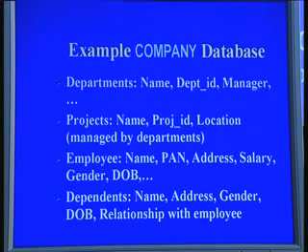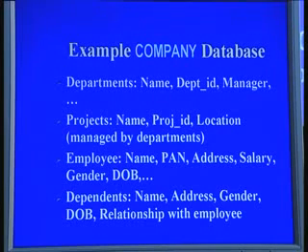Okay, so what this says is that all these names before the colon, like departments, projects, are entity types. Okay, they are different entities. A department is an entity, a project is an entity, employee is an entity, and so on. But the ones after the colon, like name or manager or location and so on, are what are called attributes of this entity. Okay, that means they belong to this entity.